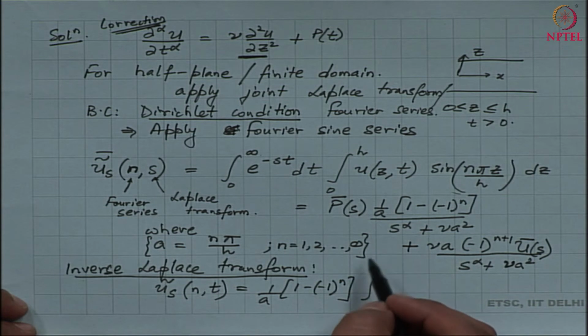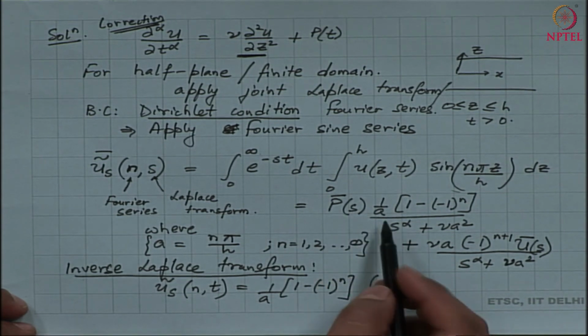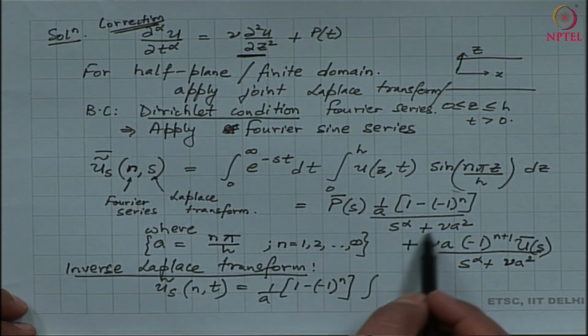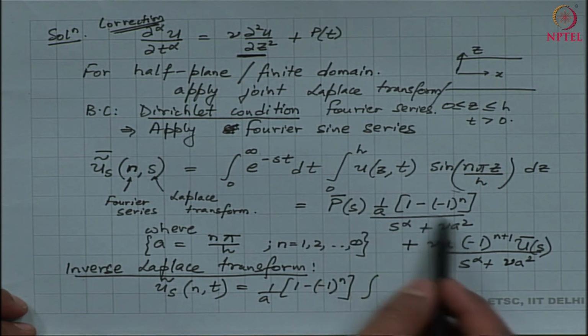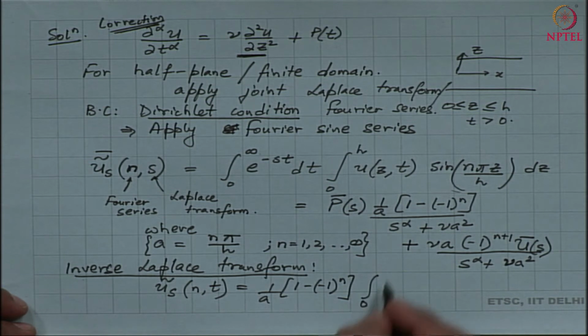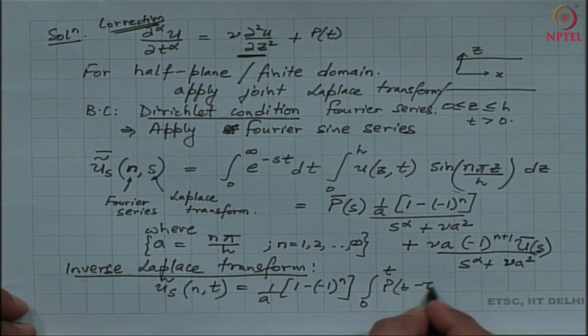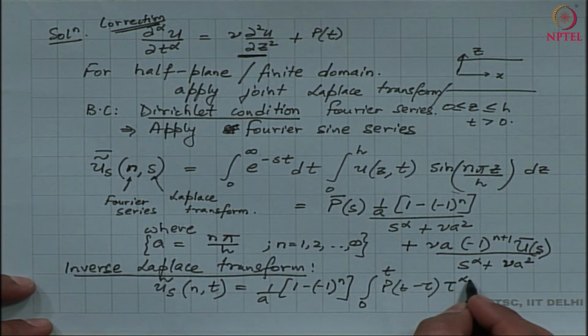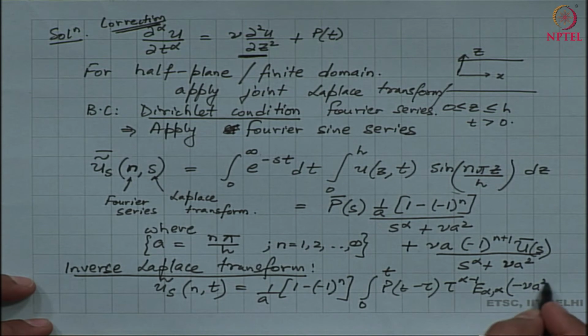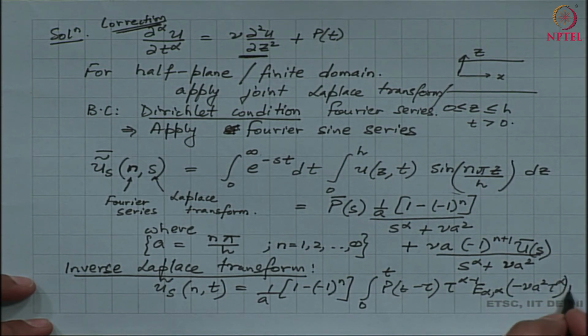Notice that my Laplace inverse integral is going to be the convolution of these two factors, p of s and 1 by this factor. So, I get the following convolution: p of t minus tau times, again the Mittag-Leffler function, tau to the power alpha minus 1 E of alpha comma alpha of minus nu a square tau to the power alpha, d tau.